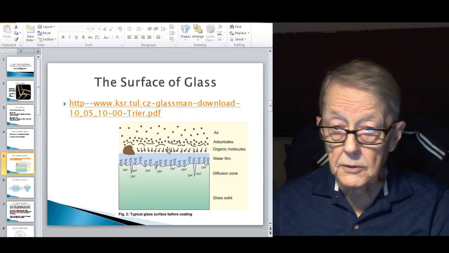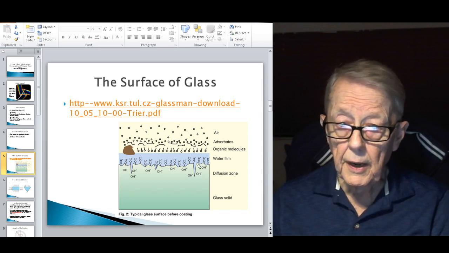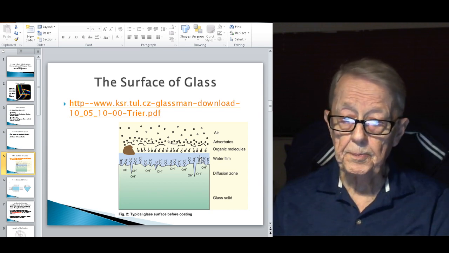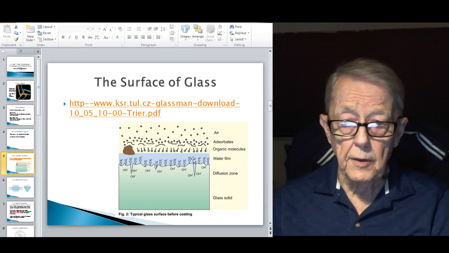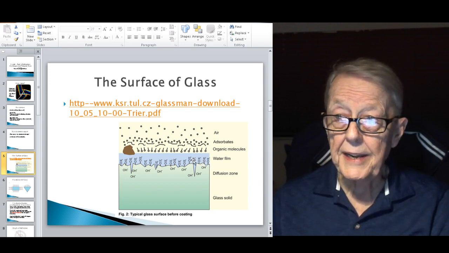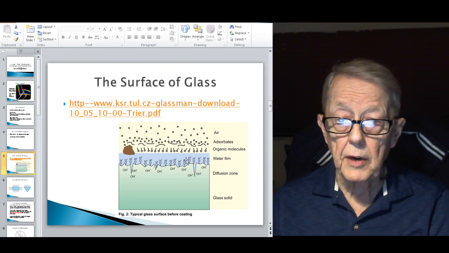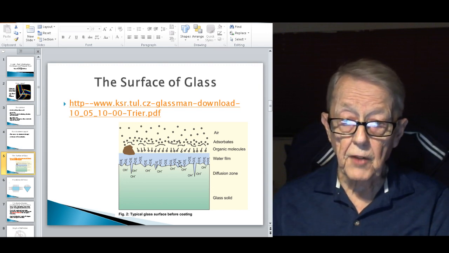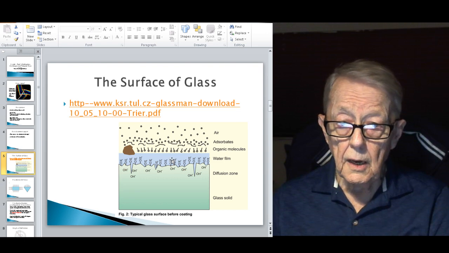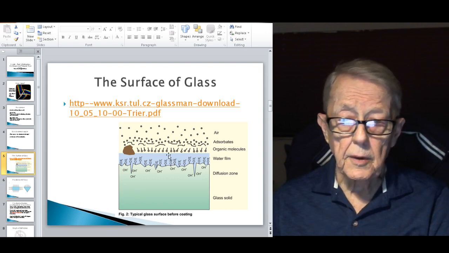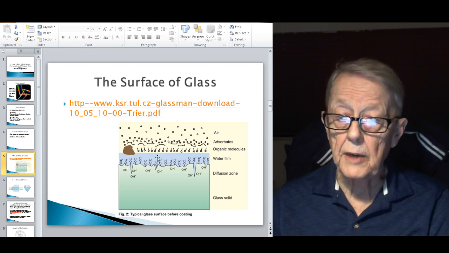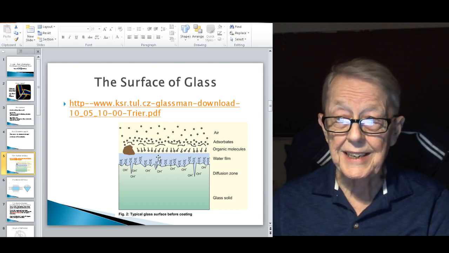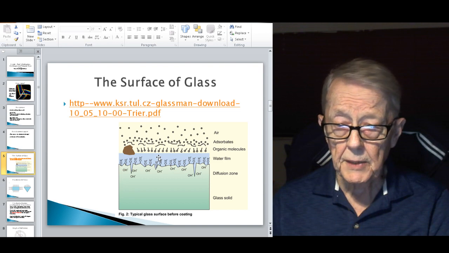Organic molecules can be there on the water, and then there's the water film. He's just saying that he isn't working with light and inside reflection. For him to show this, he must have some reason to understand that that's there, such that he can clean the glass before he coats it.